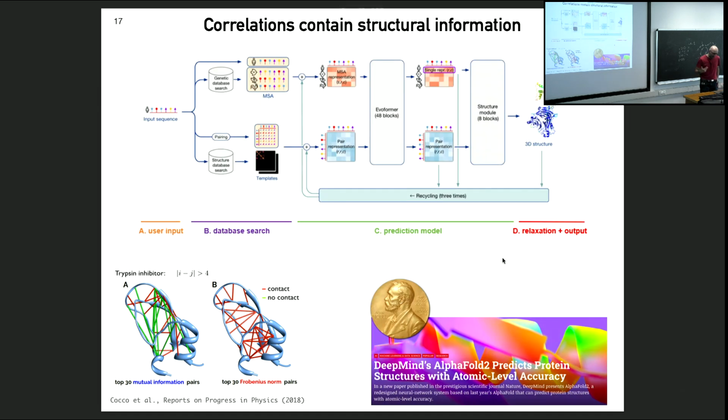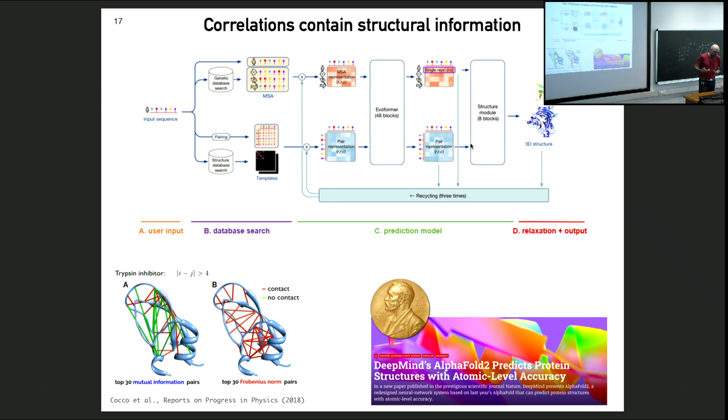And AlphaFold is doing many things, but one of the first things that it does when you give it an input sequence is look for an MSA. So it will do a homology search to construct an alignment. And from the MSA, it will compute the matrix C, and it will invert it to get J. And then this J is fed into the rest of the layers.